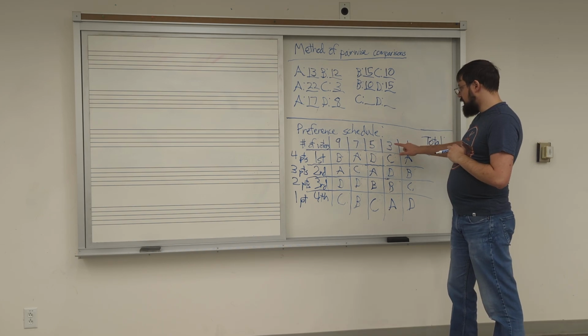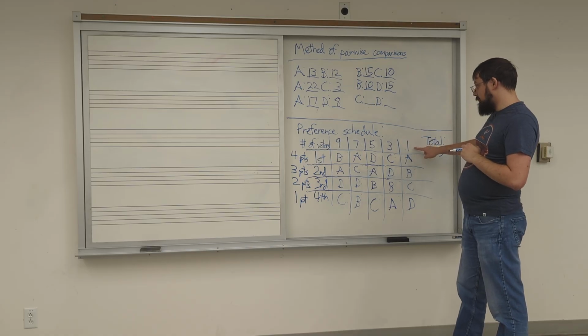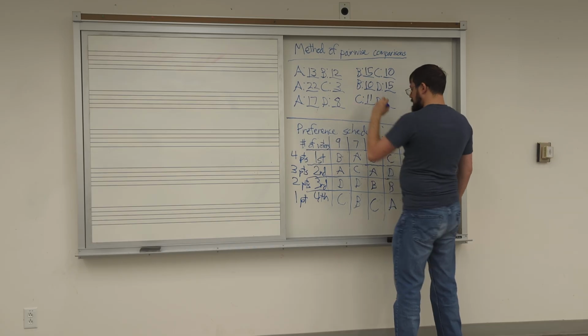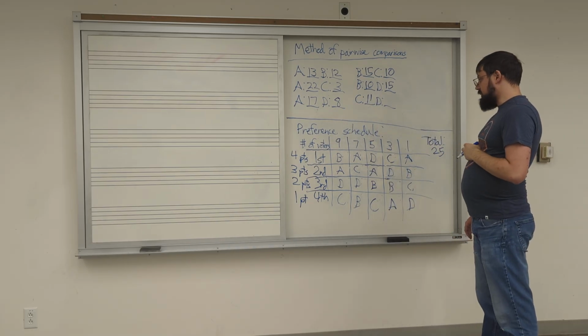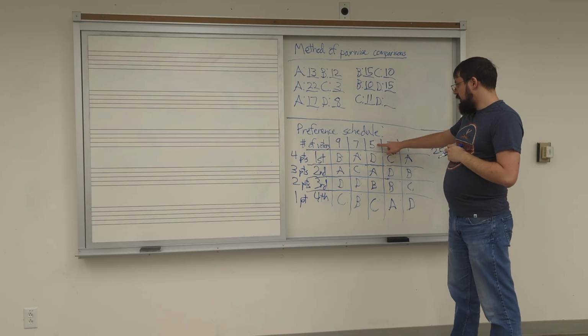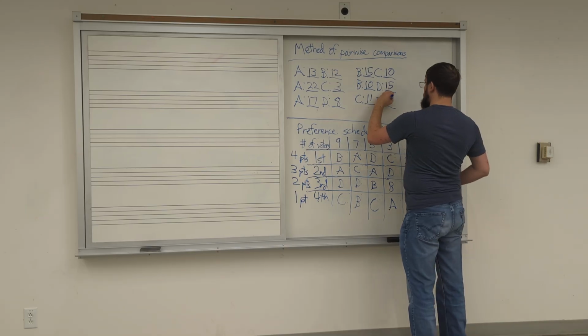So this one with 7, this one with 3, and this one with 1. So that gives us 11 votes for C. And then D is ranked higher in the other 2 columns, so with 9 votes here and 5 votes here for a total of 14.